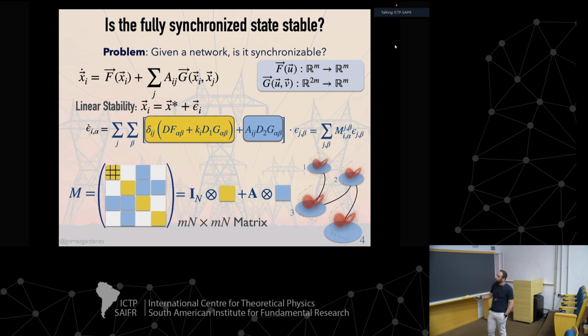This matrix is identical to this, to this, to this, and this Jacobian, okay? And if I do this, I can start doing mathematics. Do you think it is correct?